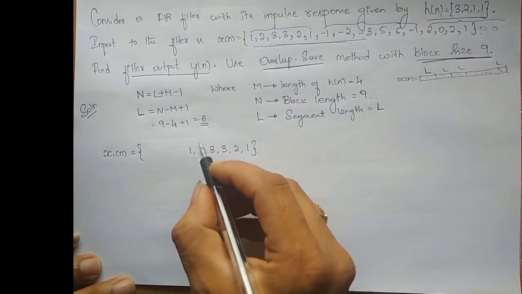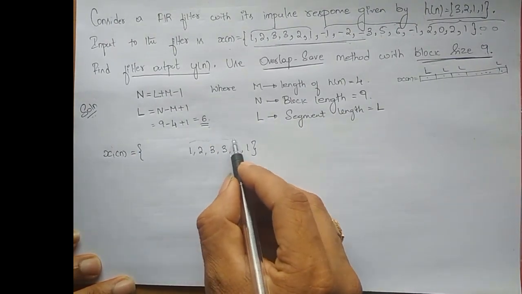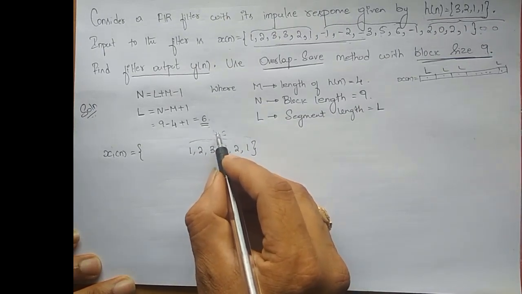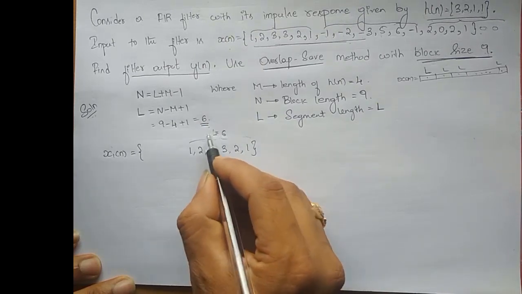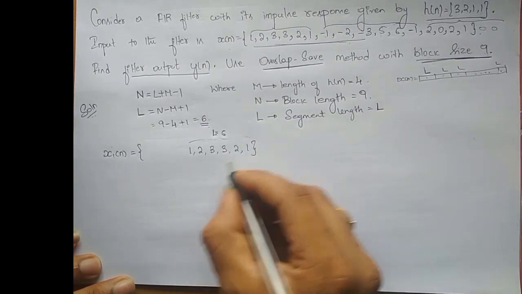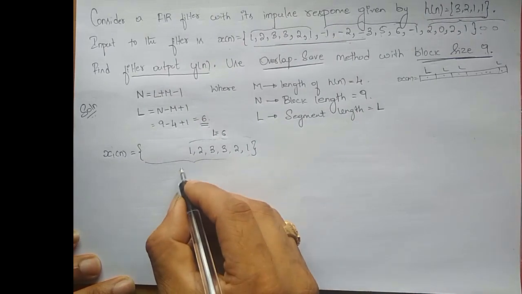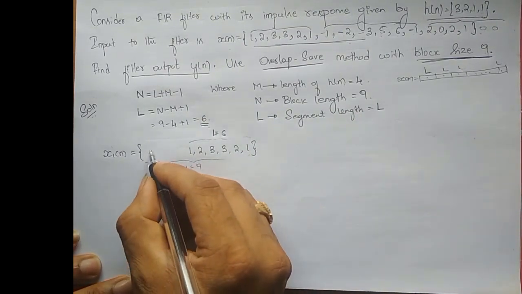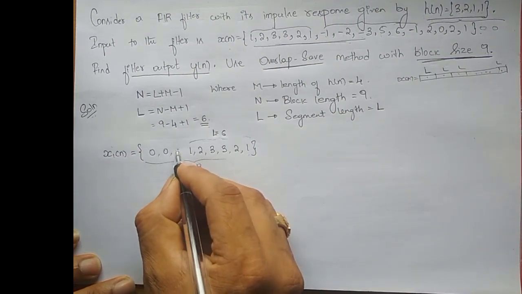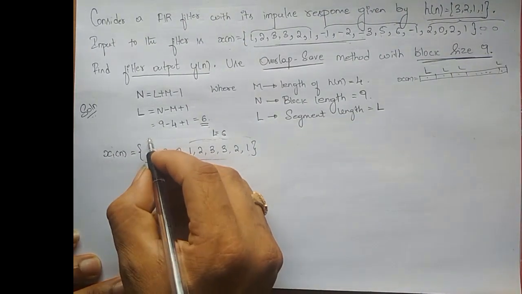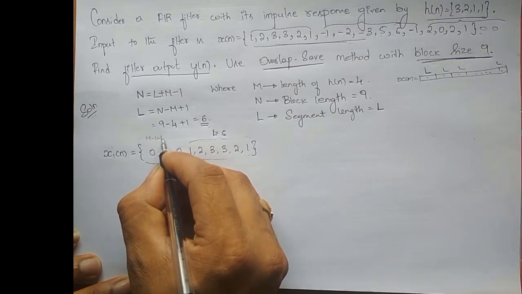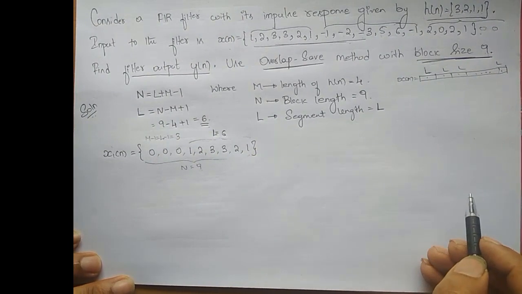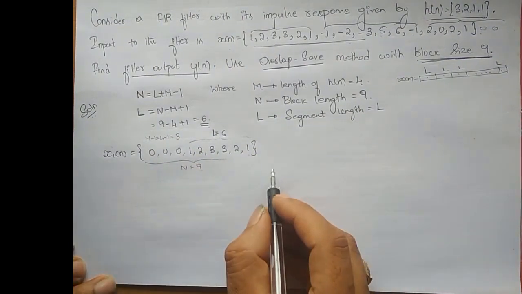The length of this is 6, which is L. And the total length should be N, which is equal to 9. I am in shortage of 3 samples, so I have to pad zeros. Basically 3 means M minus 1, which is 4 minus 1, which is 3. So I have to pad M minus 1 zeros at the beginning. This is how we form the first block.